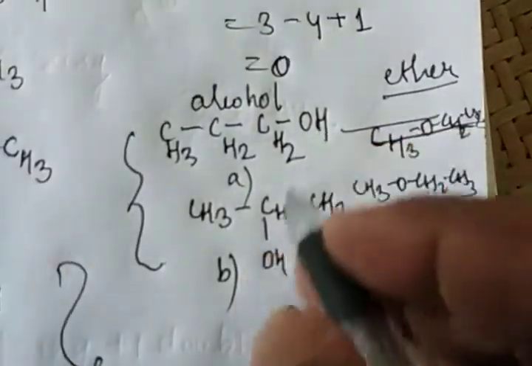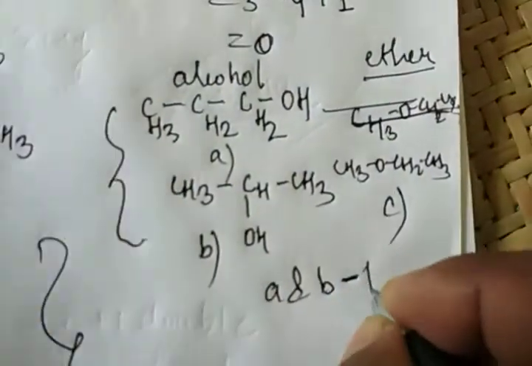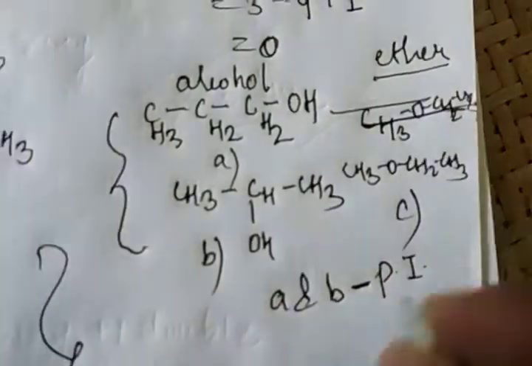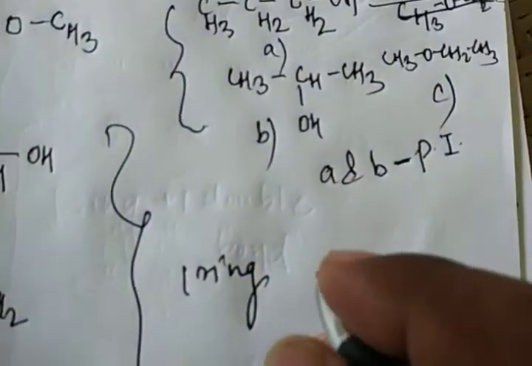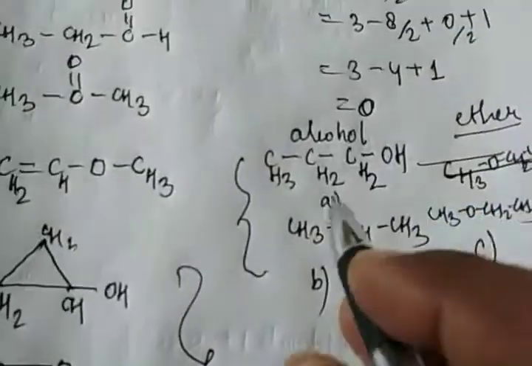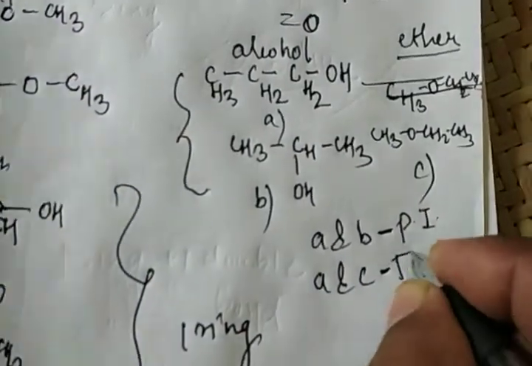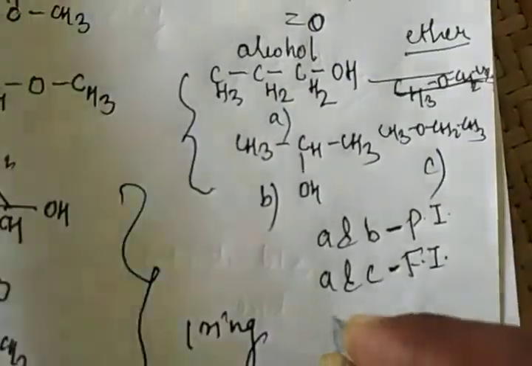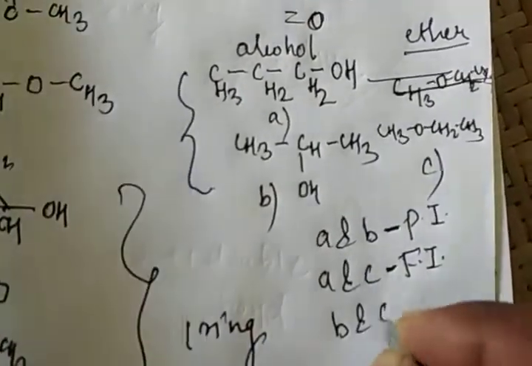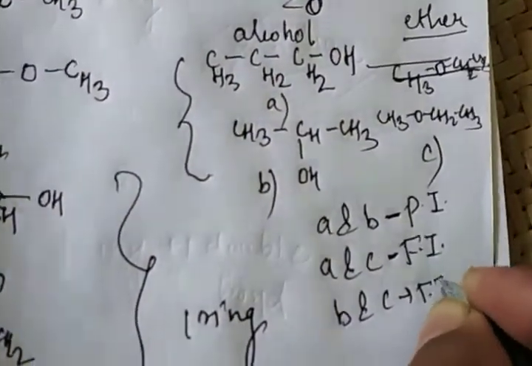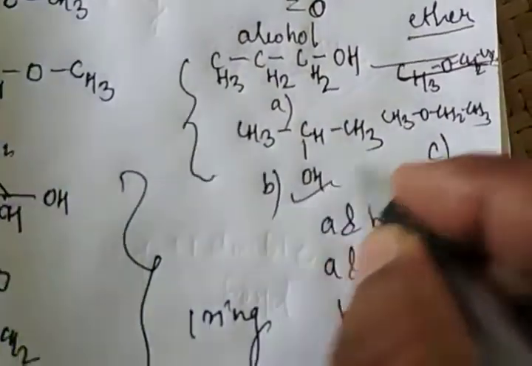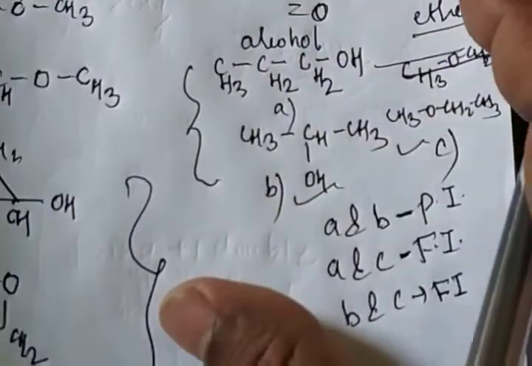OH in first position and OH in second position. This is position isomerism. Clear? And A and C: A is an alcohol group and C is an ether group. It means functional isomerism. And B and C is also functional isomerism because there is an alcoholic group and an ether group. Clear?